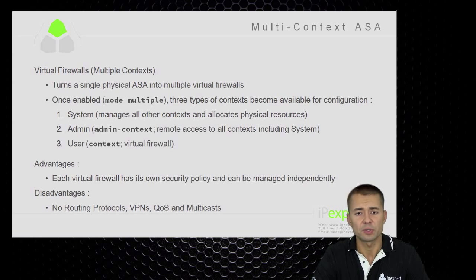Now, what we saw in the transparent mode was that we were at least able to bridge multicast frames for the ASA. In the multiple context mode, this is not possible unless you're running multiple context in the transparent firewall.